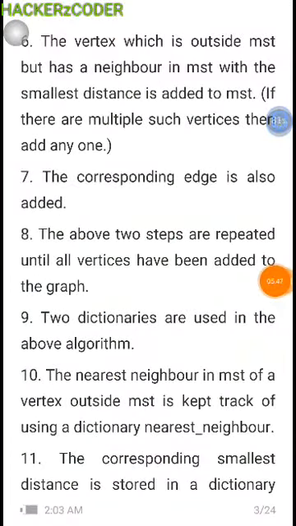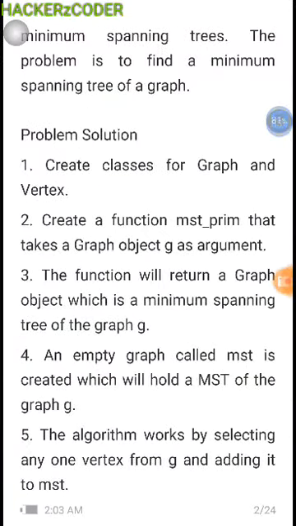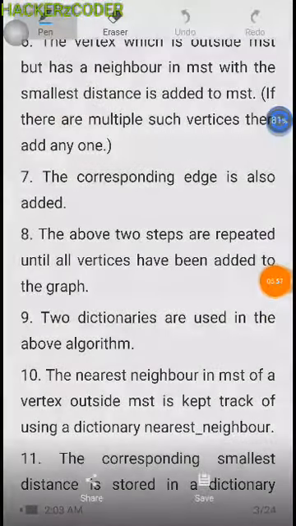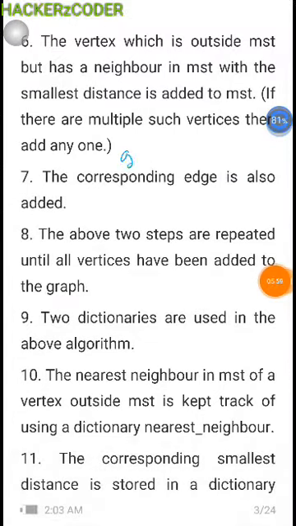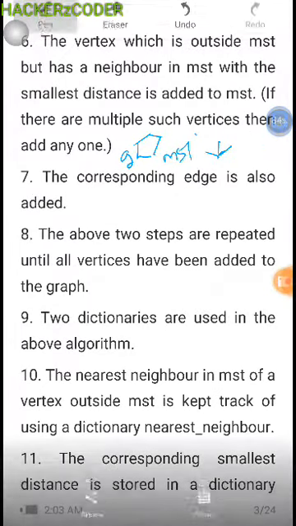Now when we talk about vertices being added to MST from G, say this is the whole graph. Which value to take is calculated in the next step.